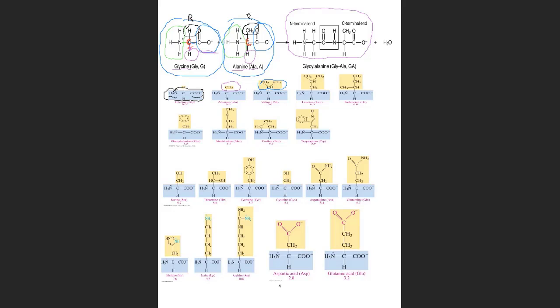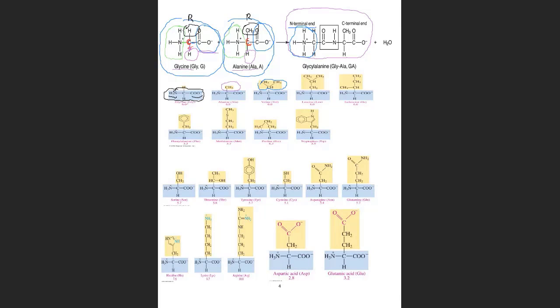So the amino acid on the left, which is the glycine, has a free unbonded NH3, and it is called the N-terminal end. Let's pay attention here. When you see a free NH3 plus, it is the N-terminal end.